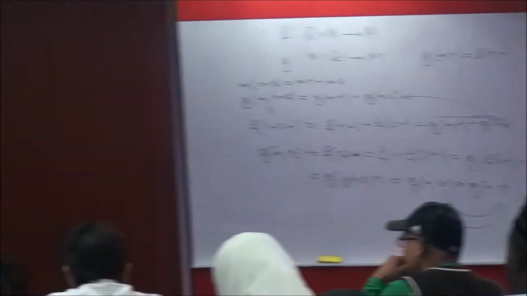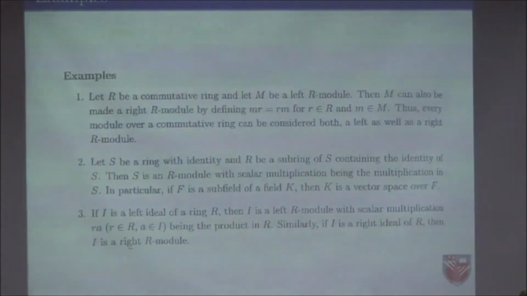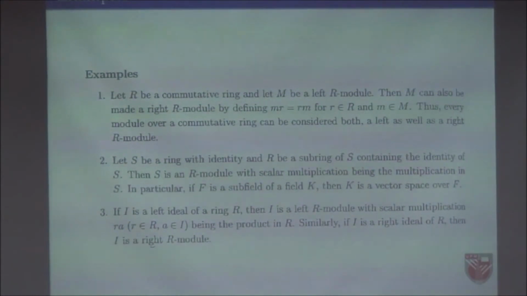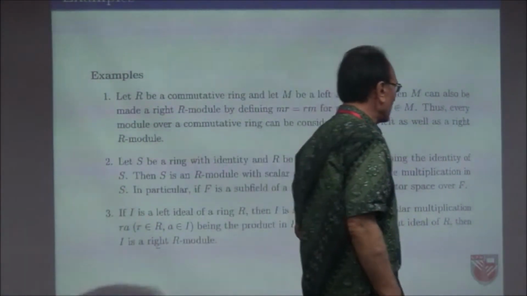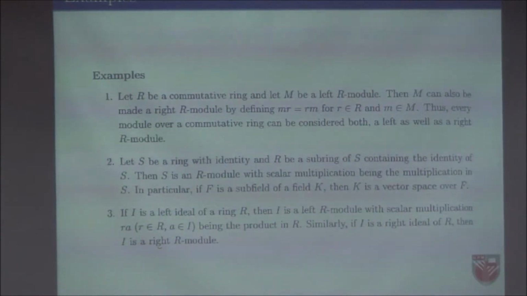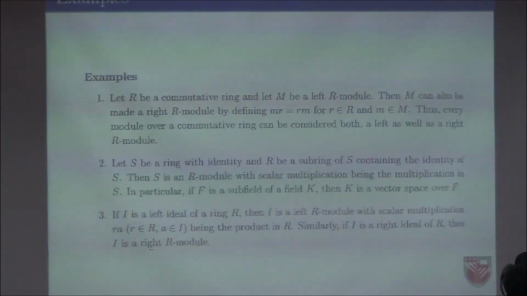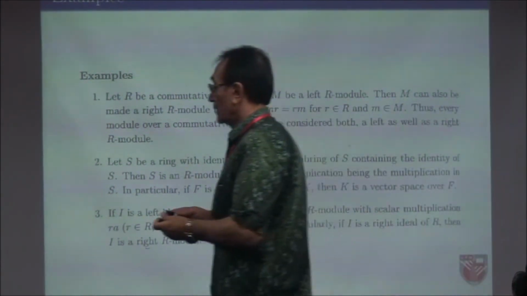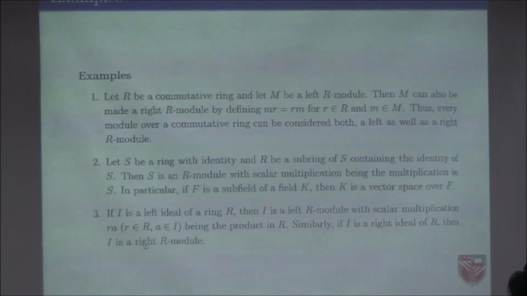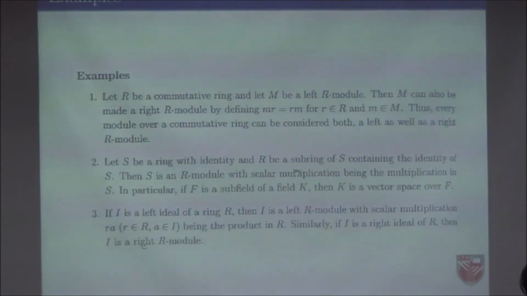Okay, so the first example: if you have a left module, right module, results on left module and right module can be converted to each other by using this notation. Another example, example number 2.